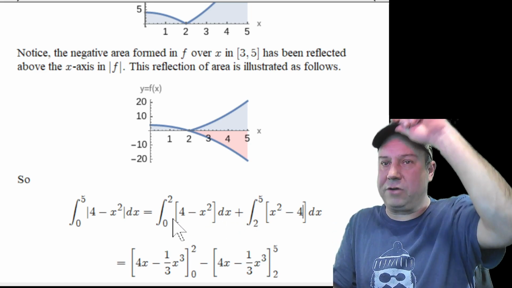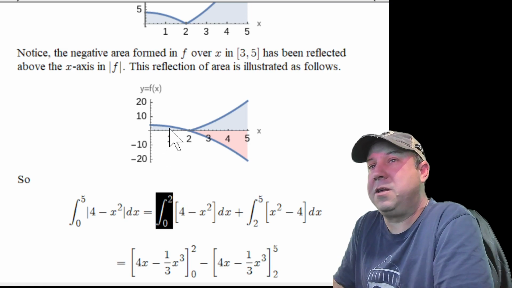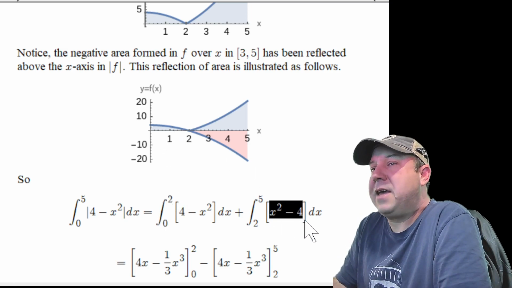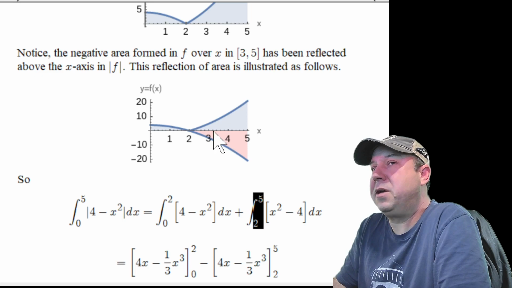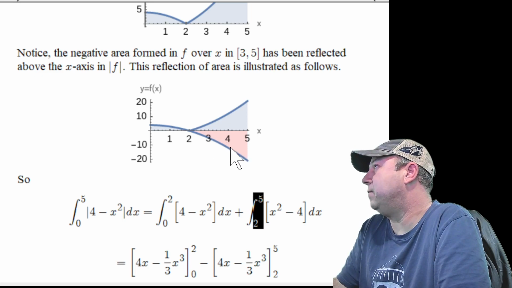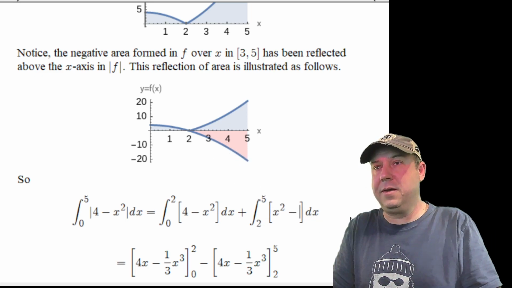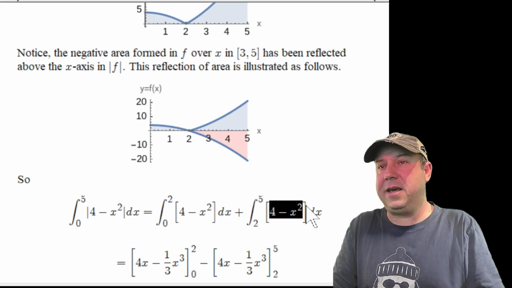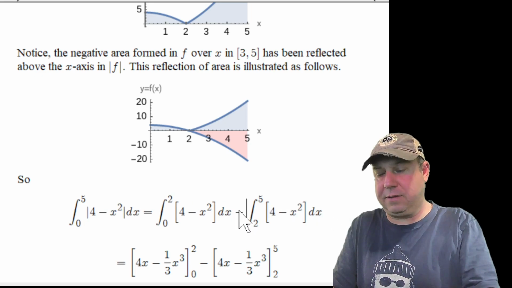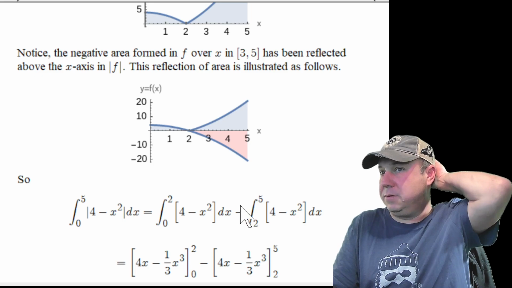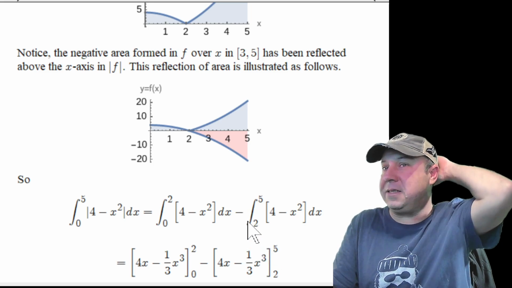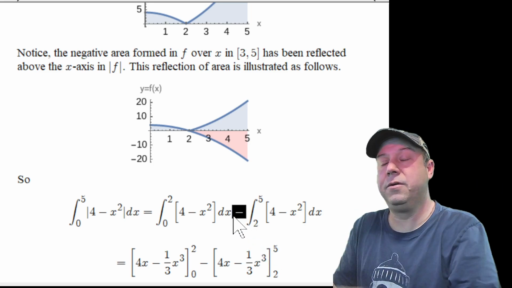The original function from 0 to 2, because that's where we see the positive area, and the opposite function from 2 to 5, because that's where we had the negative area. Now let me undo all that if I can. Right? That's what that minus is having the effect of.